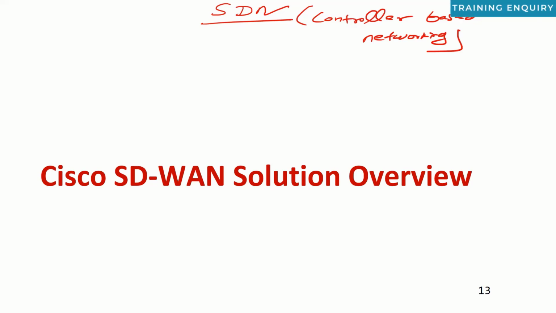Since long, Cisco tried to have this kind of controller-based networking. But let's not talk about those older solutions like CSM. Let's talk about why it was necessary for us to have controller-based networking.